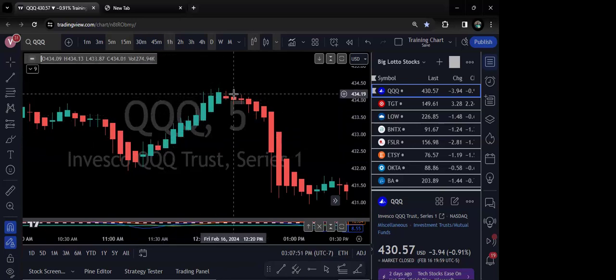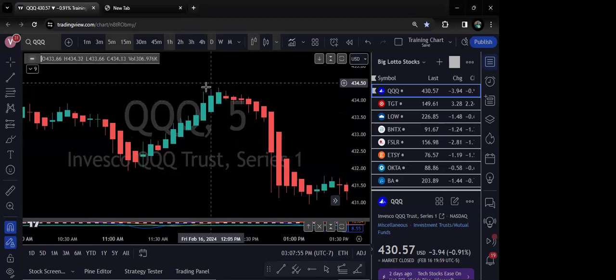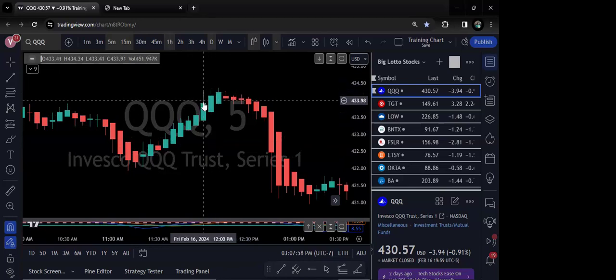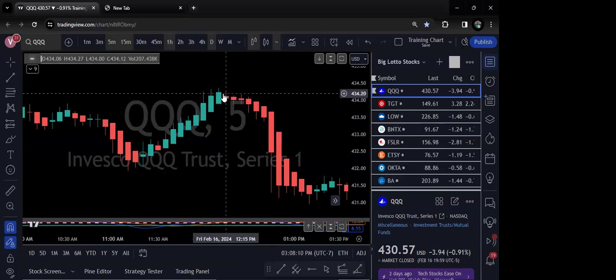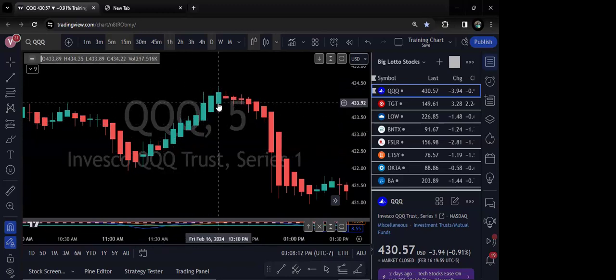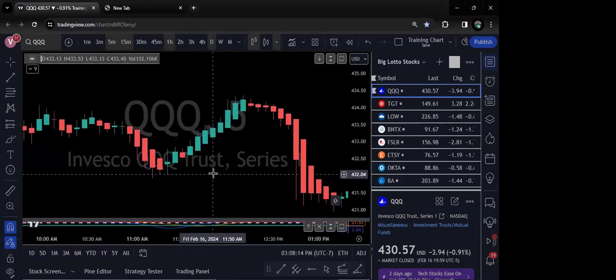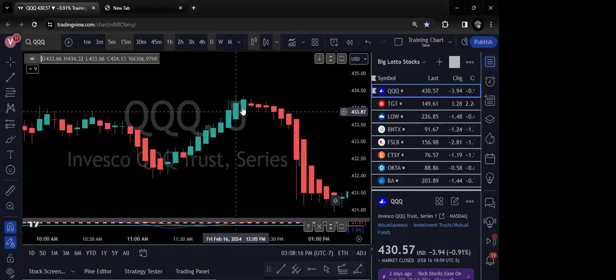The minute you see this, move your trailing stop to this price up here, or down here. You'd have gotten kicked out. But the minute you see inside bars and indecision, you should be planning to get out. The same way you can count candles.